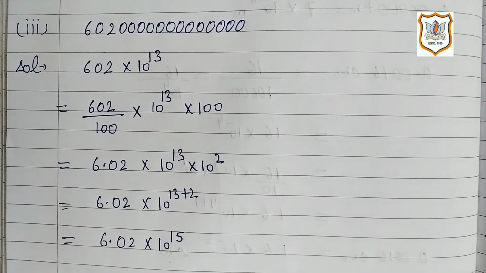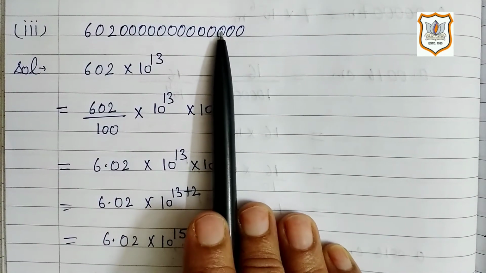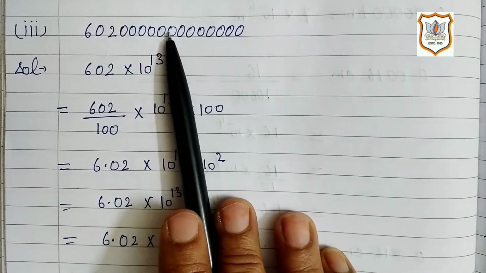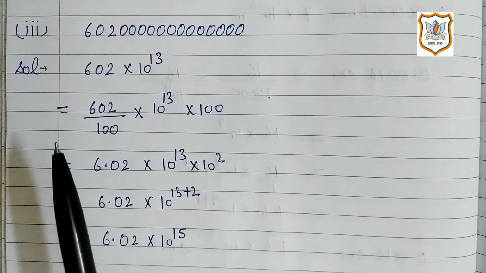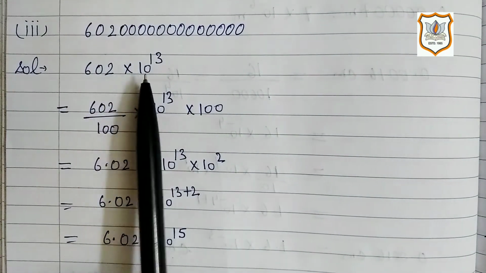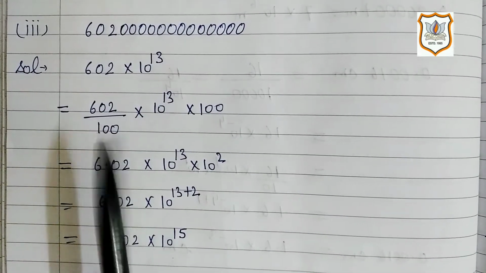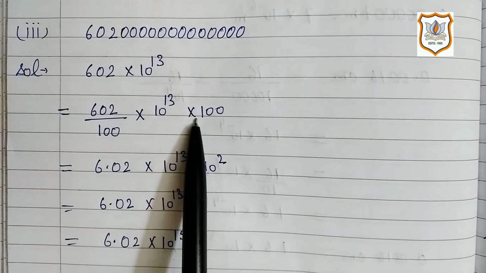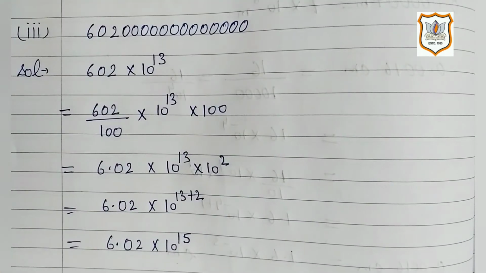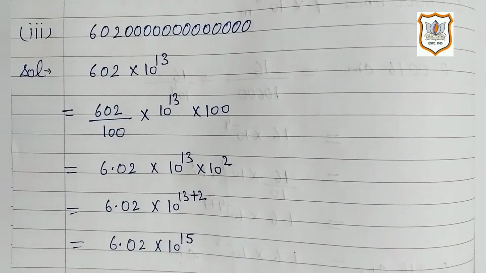Solution of third part. Here count the zeros: 1, 2, 3, 4, 5, 6, 7, 8, 9, 10, 11, 12, 13. So we write 602 multiplied by 10 to the power 13 is equal to 602 upon 100 multiplied by 10 to the power 13 multiplied by 100. Here we multiply and divide 602 by 100.